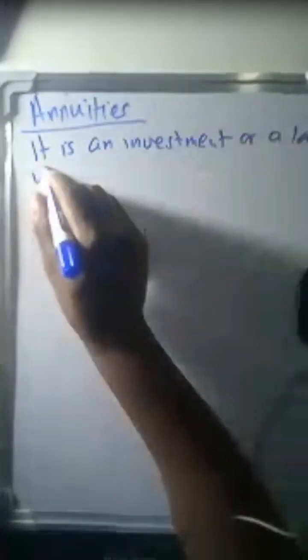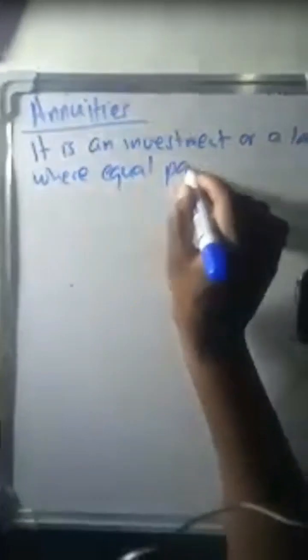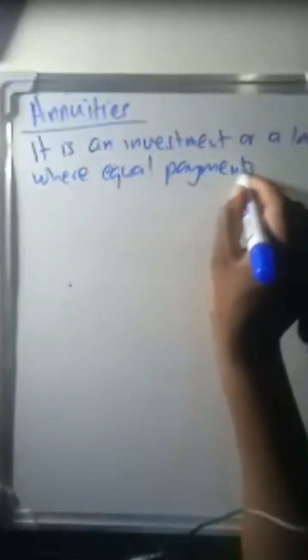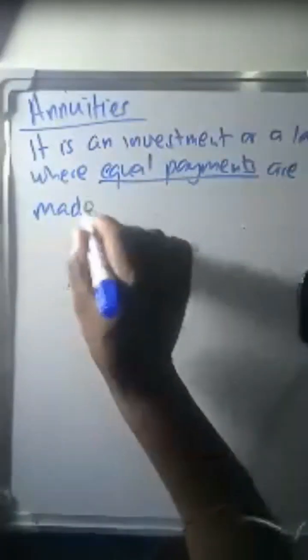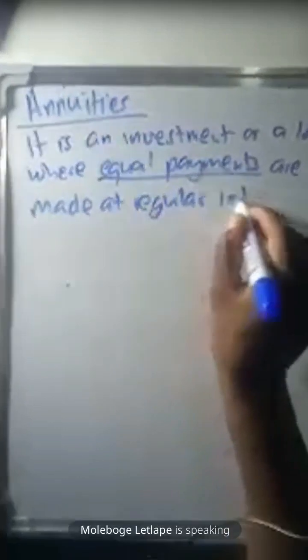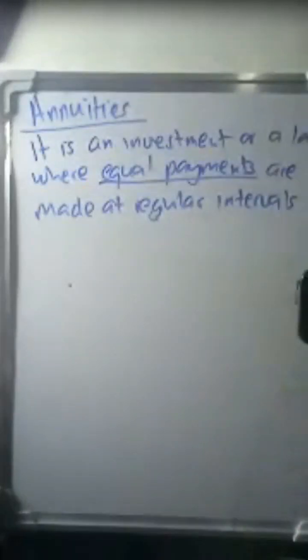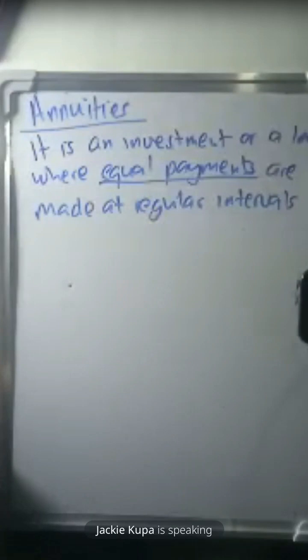or a loan where equal payments are made at regular intervals. Is it me or what? I'm not hearing you. Is it me? I think it's you. Guys, can you hear me? Yes, sir. So I think, Jackie, it is you.